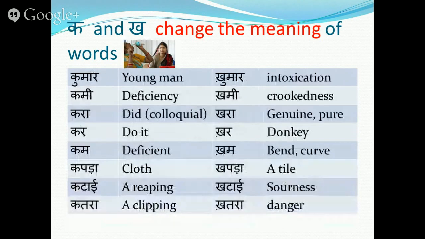Now, why did I put three pages of differences here? To help convince you that this is very essential in Hindi. It's a huge part of Hindi. And as we go on with lesson B, you will see that this is not the only letter like this. So we're just introducing the concept that there are letters without air and letters with air, to give you time to practice, to try to learn how to do this, and then keep going with that same principle.